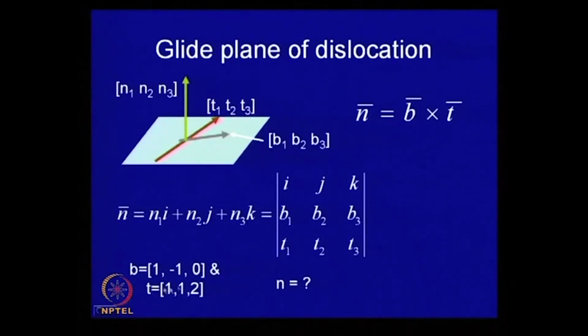Now, let us look at the case where B is 1 bar 1 0, and the direction T has Miller indices 1 1 2. What will be this glide plane? You can simply substitute and find the determinant, and possibly this was done in the last class.